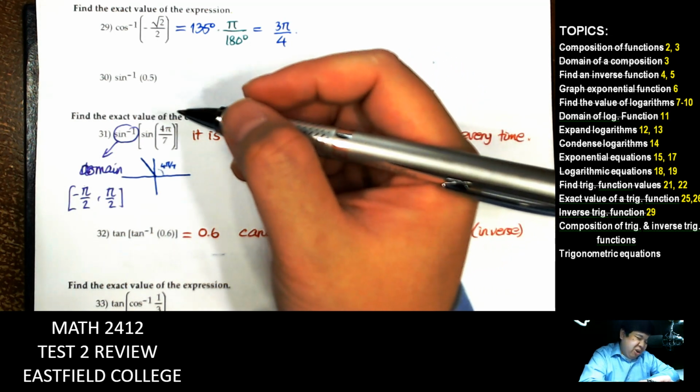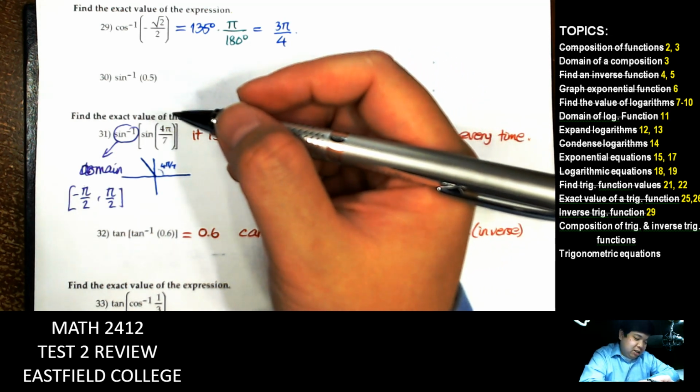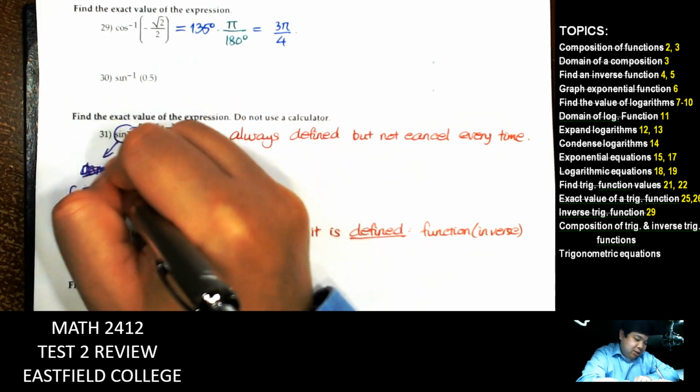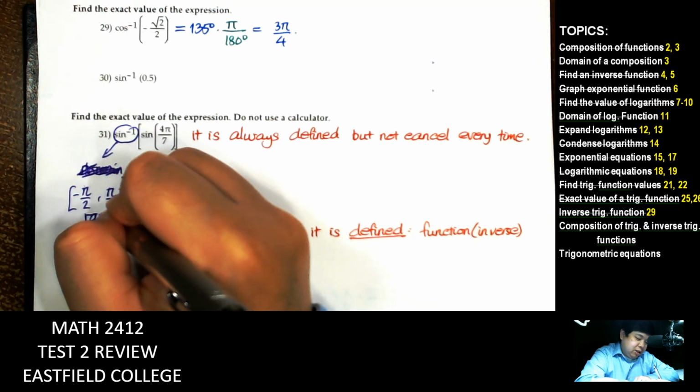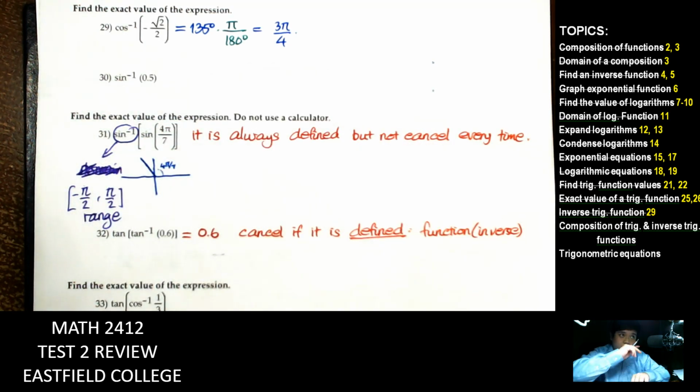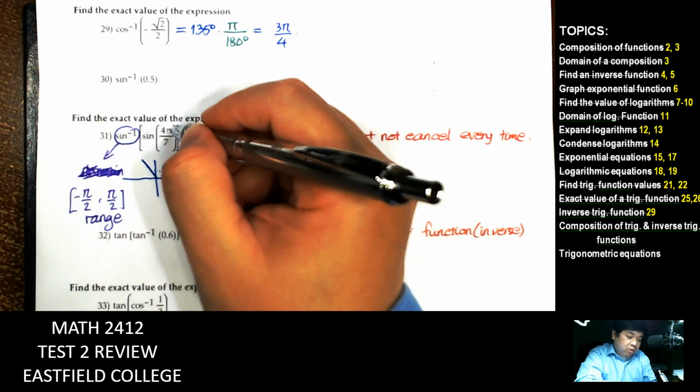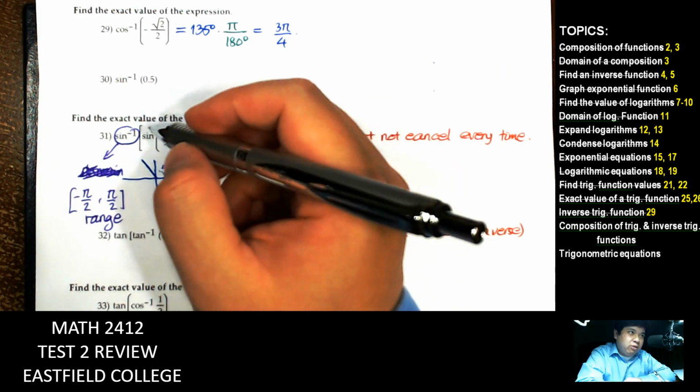I'm sorry, that was the range. So the domain of the sine function, but this is the range for the inverse, negative pi over 2 to pi over 2. And 4 pi over 7 is just a little bit more than pi over 2.